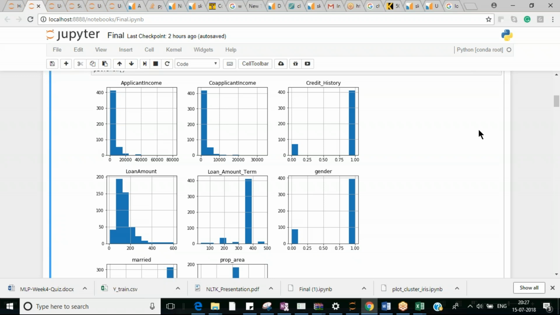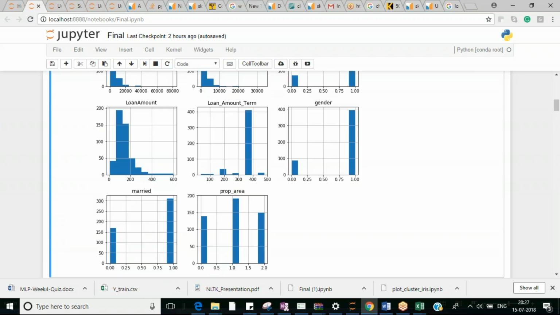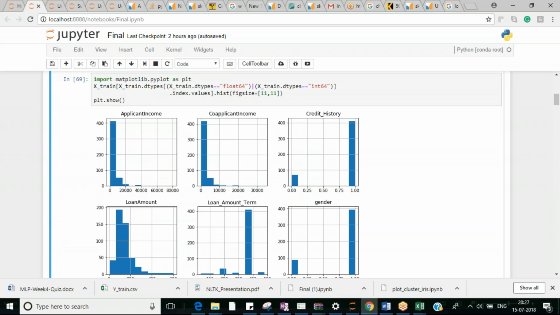Credit history is another one, with two different categories, zero versus one. Those are categories, so that's fine, I'm not worried about that. I'm worried about applicant income, co-applicant income, loan amount, then loan amount term. All of these are like that, right? Because there is one big bar, and then all the others are very small.